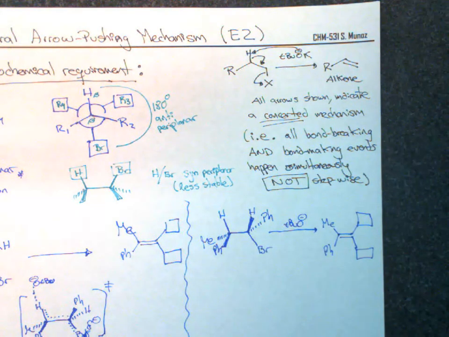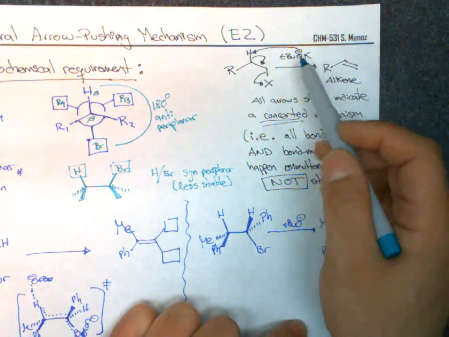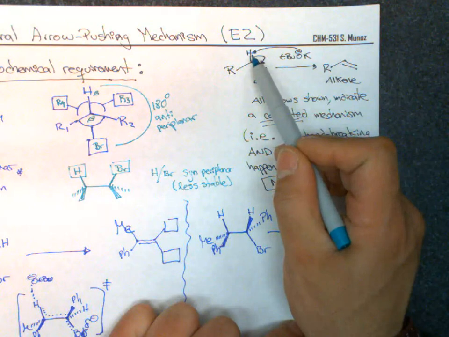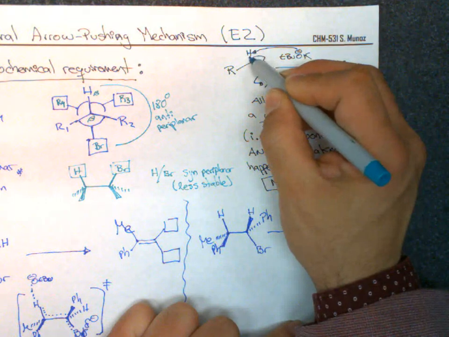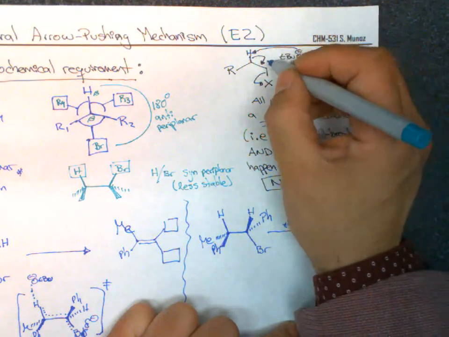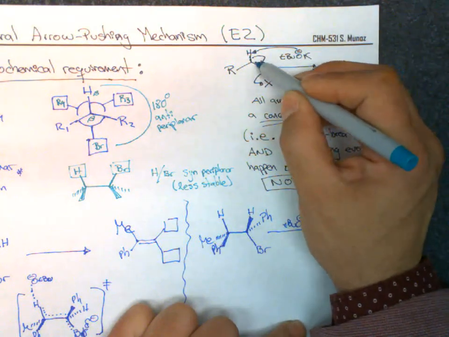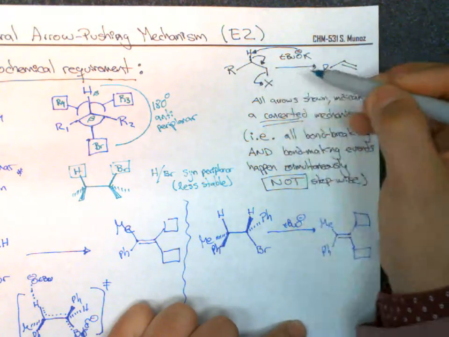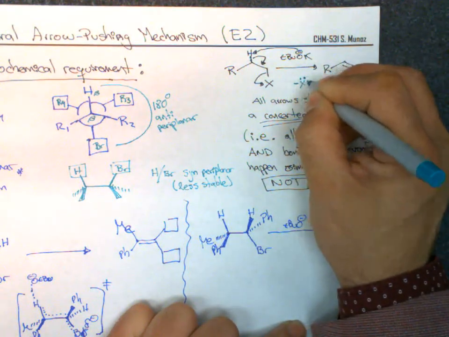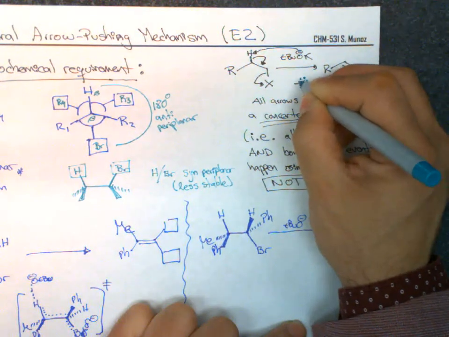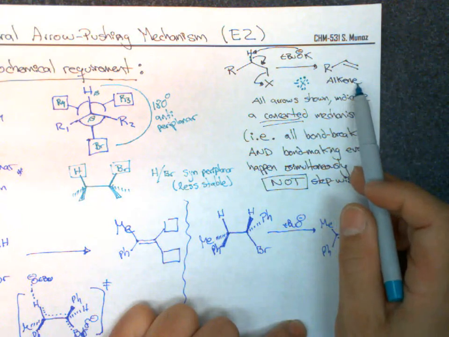So in terms of the arrow pushing, your arrow pushing should start from the base, in this case ethoxide, removing the beta hydrogen. The pair of electrons that is in the bond is going to go and form the new pi bond, and you're kicking out all at the same time the leaving group, and you're forming an alkene.